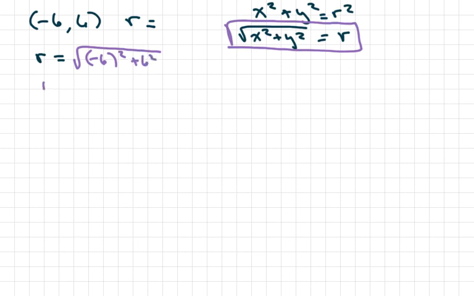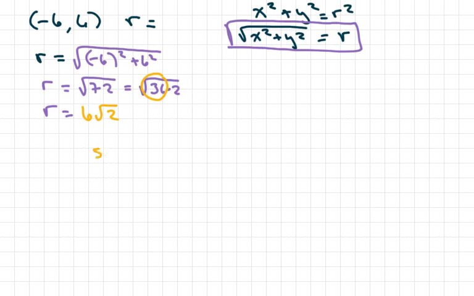Therefore r equals the square root of 72. You can simplify this as 36 times 2. I can pull the 36 out, and the square root of 36 is 6, so r is 6 square root of 2. Now we just fill everything in. We have an x, we have a y, and we have an r.